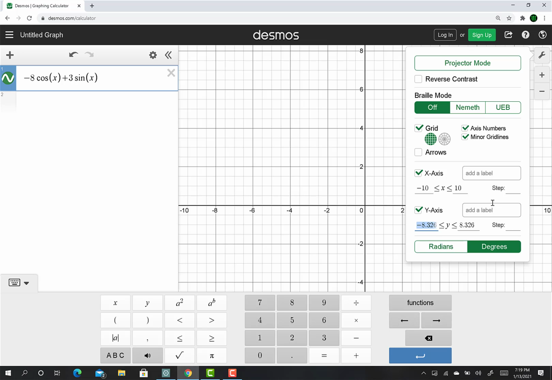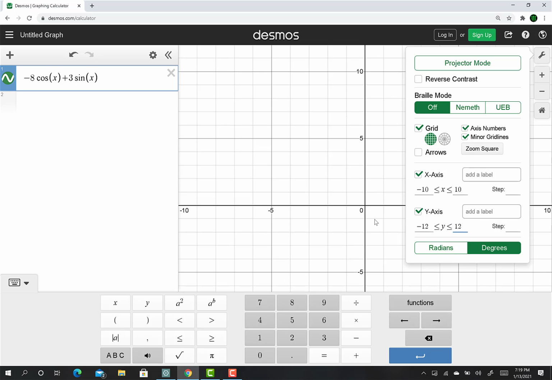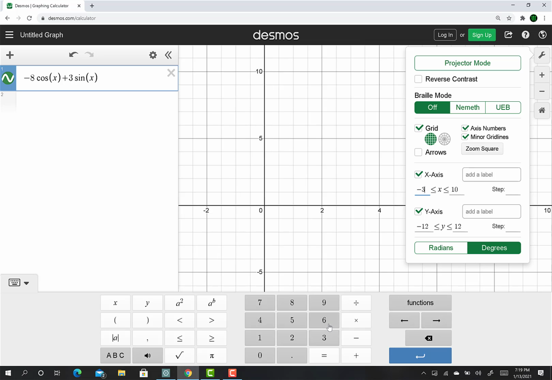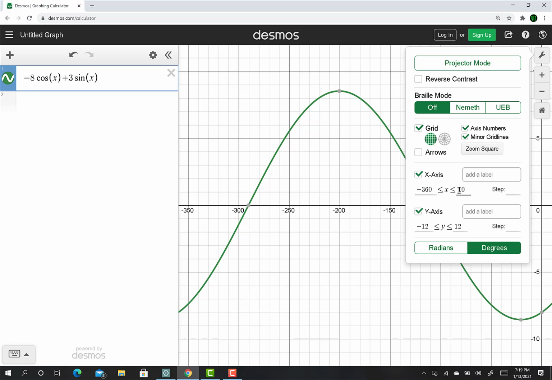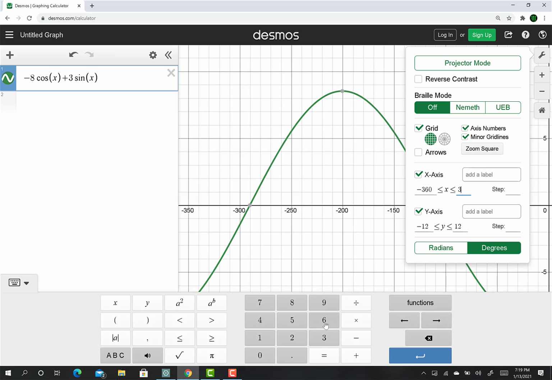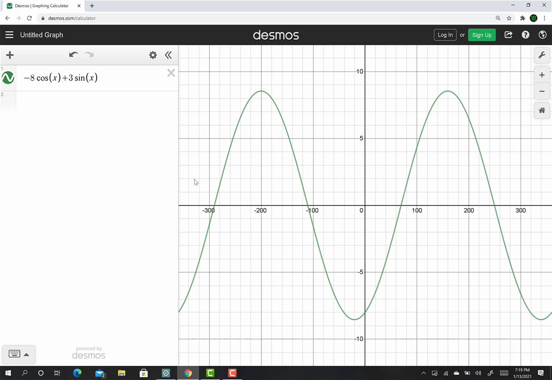Let's see, square root of 73, so I'm going to go -12 to 12. I just want to see a little bit above, a little bit below. And then I'm going to go -360 to 360. And there you go. There it is.